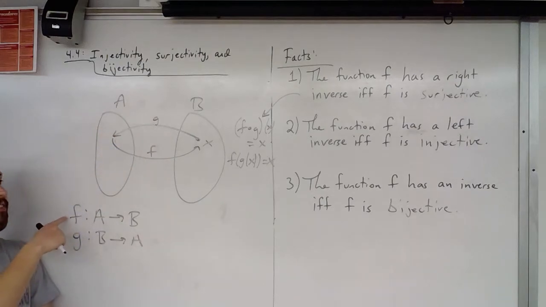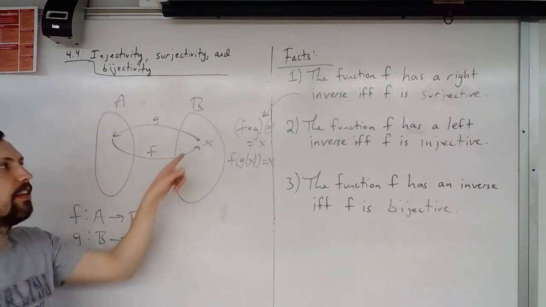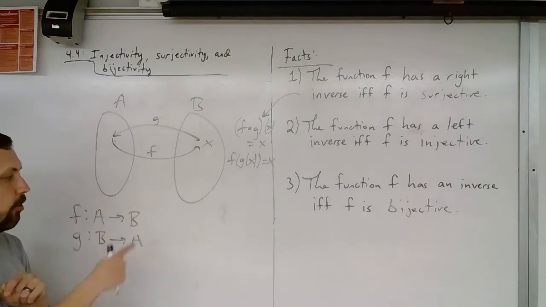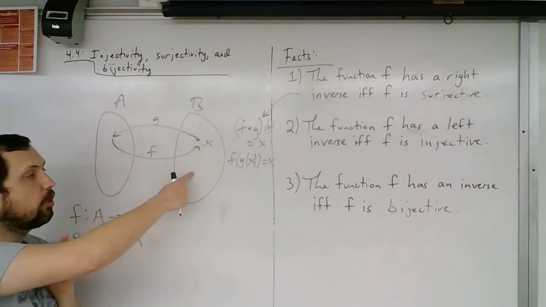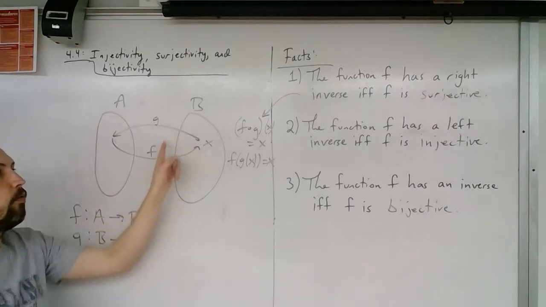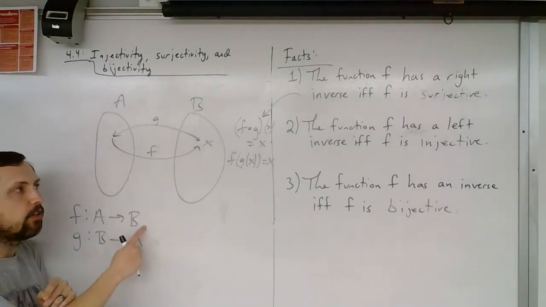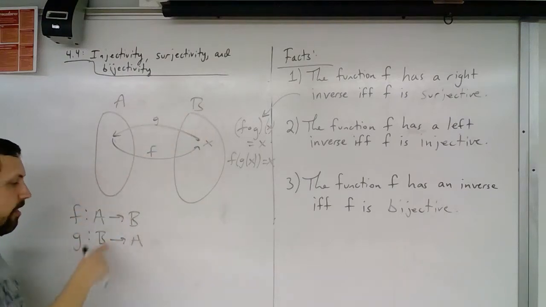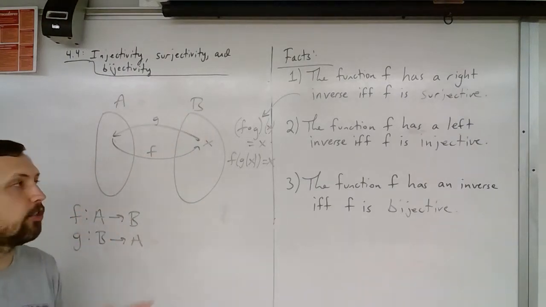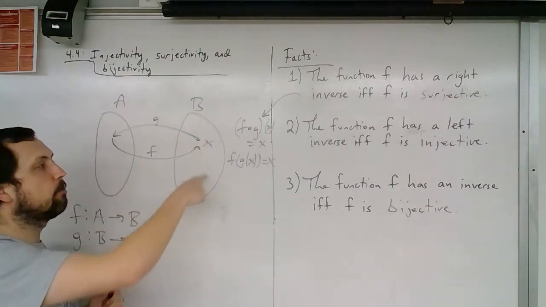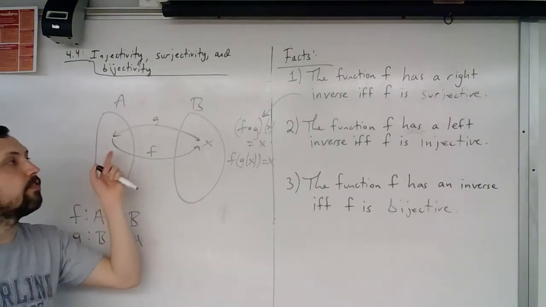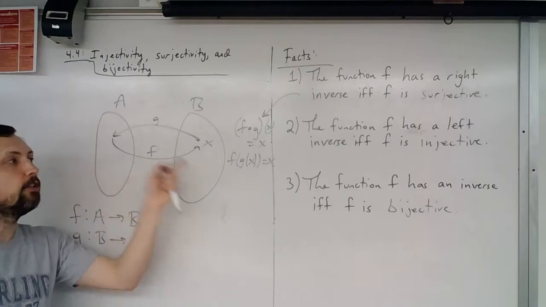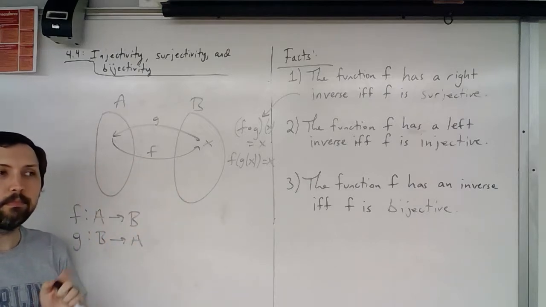If f is surjective, then every single element in the codomain must have something that maps to it. Because there are no leftovers in the codomain with a surjective function, that allows g to be a function, with every element in the domain of g having something mapped to it because of f mapping things in the domain to the codomain.